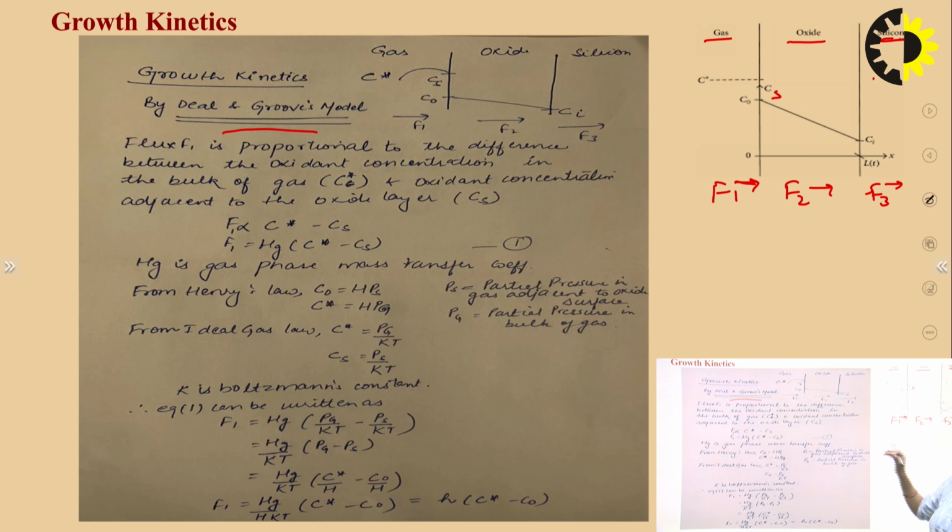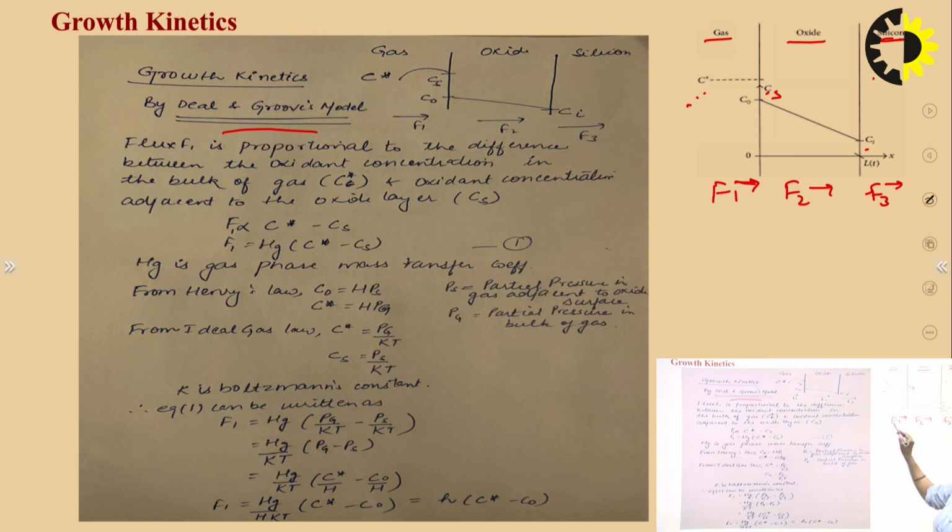So F1 is proportional to the difference in the oxidant concentration. Initially the concentration is at this point, C star, then it moves to the oxide interface, represented by CS, and then in the transition phase some got stable, represented by CO, and those CO will go to the Ci, as I have mentioned here.